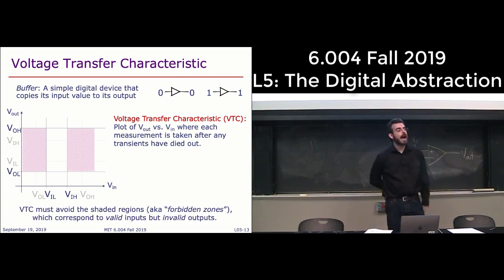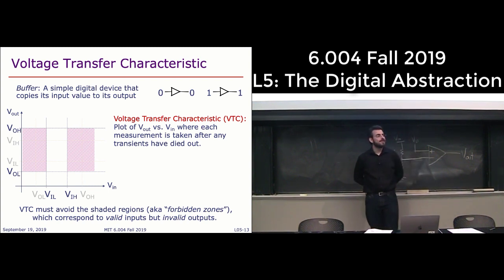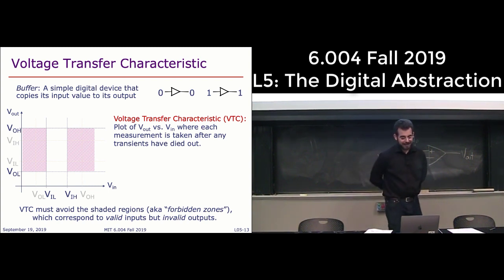Specifically, you cannot have a VTC that has any point in any of these shaded regions. Why? Well, because each of these shaded regions is showing a valid input and an invalid output. So you must have a voltage transfer characteristic that stays in the white regions, but not in the shaded ones, right?